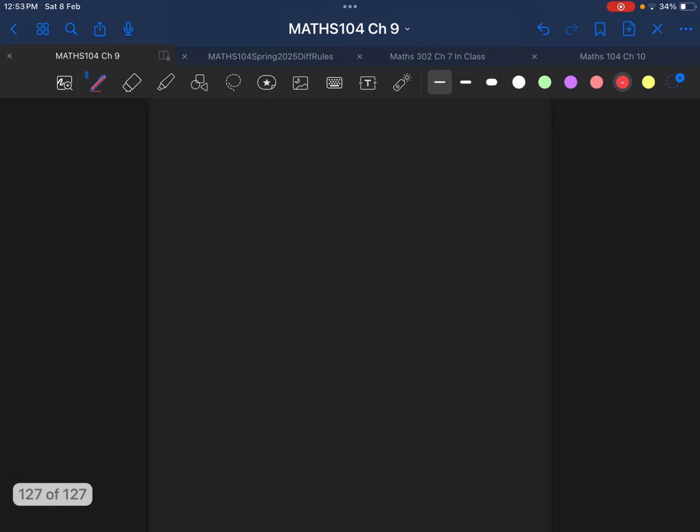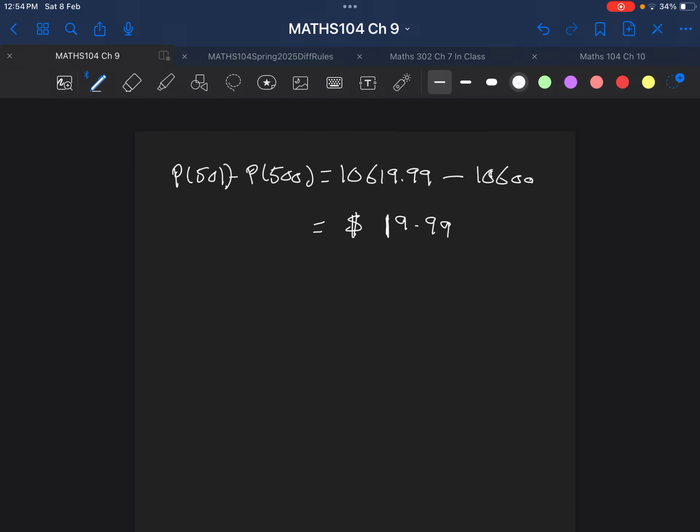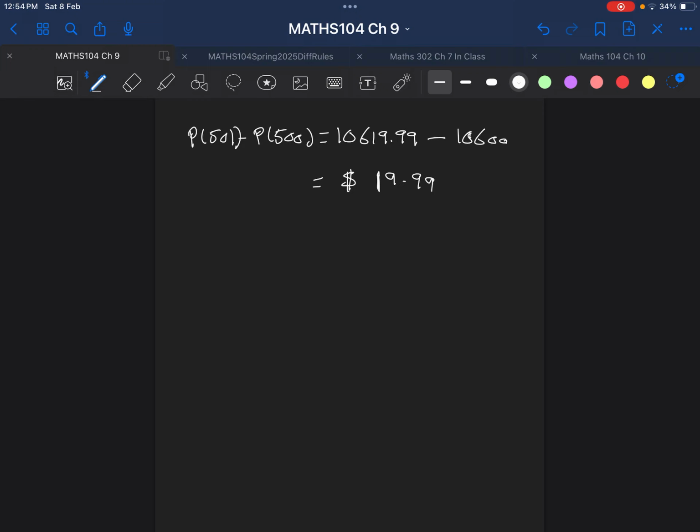Of course, if we go ahead and substitute in the original formula, 501 minus 500, this will be just 10,619 minus 10,600, which will be just 19.99, which is a good approximation of how much we found using the derivative. Remember, in the derivative, we found $20, which is a very, very good approximation we got here.